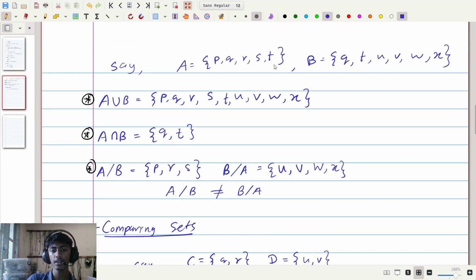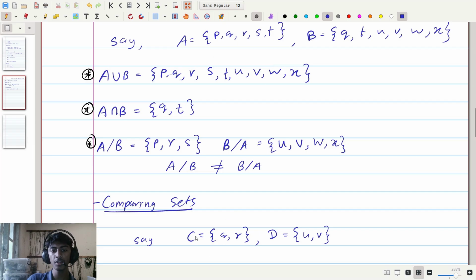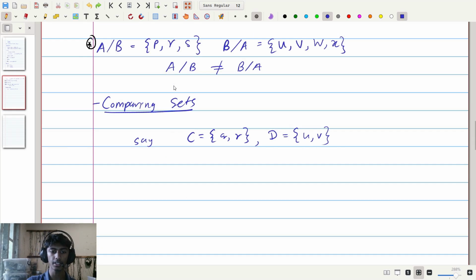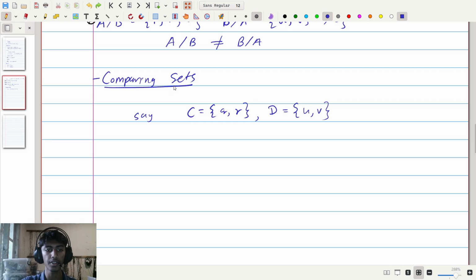So here, there are certain operations we can use to compare these sets. If you take A, we can see that all the elements in C are inside A. The element Q in C can be found inside A, and the element R in C can be found inside A. So given this property, we say that C is a subset of A. And the notation for this is to say that C is a subset of A. Here, this symbol is not exactly like a C, it's more of a sideways U. This means is a subset of.